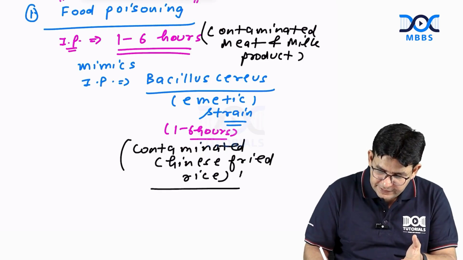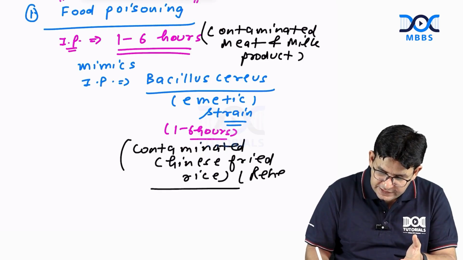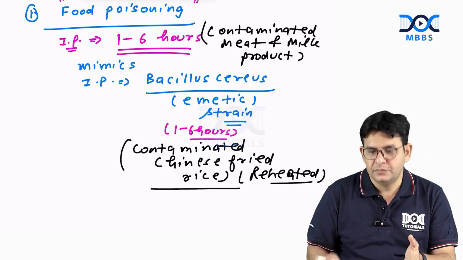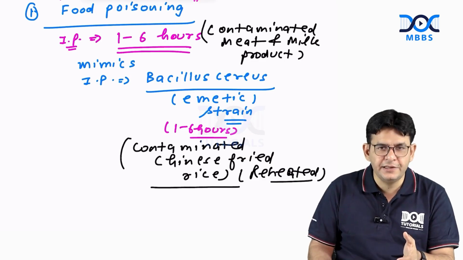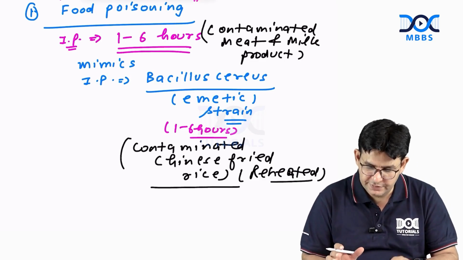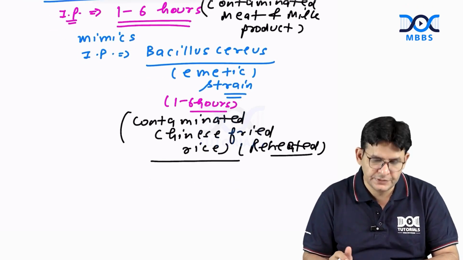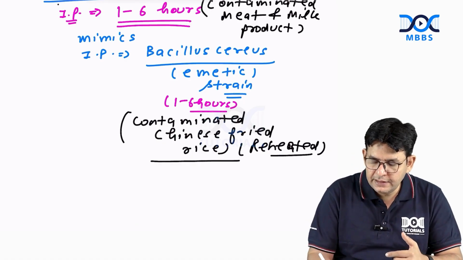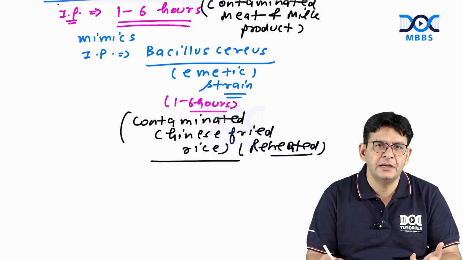And obviously, it is reheated Chinese fried rice. Reheated Chinese fried rice is the causative agent for the Bacillus cereus emetic one, and contaminated meat and milk is for the Staph aureus.